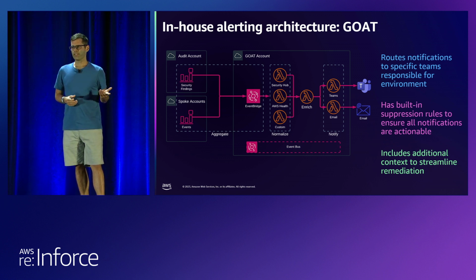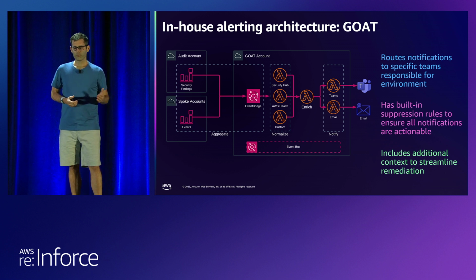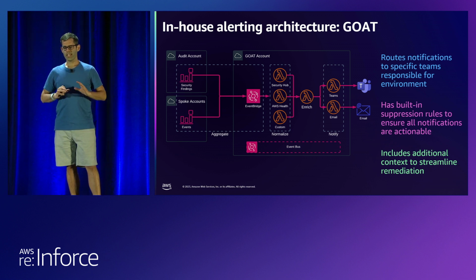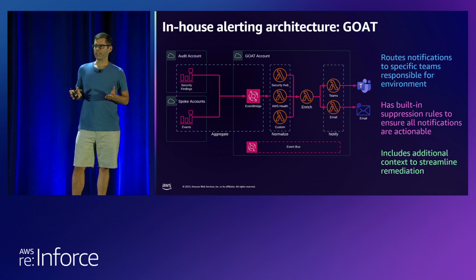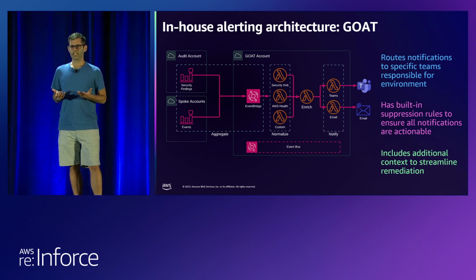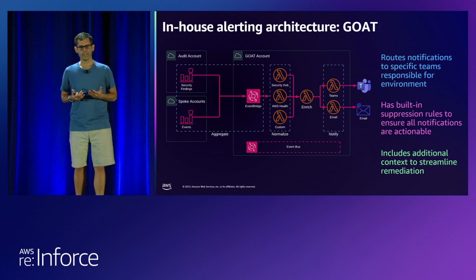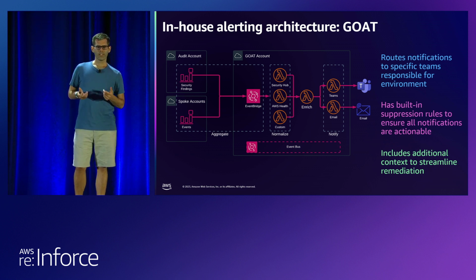So we hook into Security Hub, we hook into AWS Health, we hook into those services using EventBridge. So as Inspector detects a vulnerability, publishes that to Security Hub, GOAT is triggered and it's able to start doing its work. And one of the big things it does is it pulls in other information. It enriches what comes from Inspector or Security Hub, looks at the AWS account, pulls information off the account tags, and helps us understand, what is the workload?